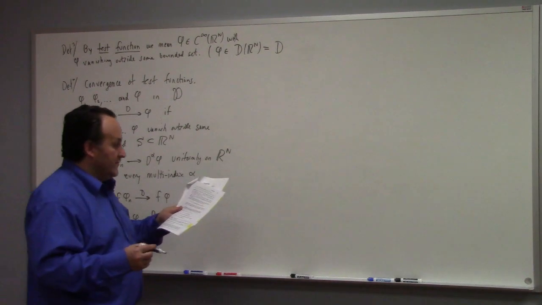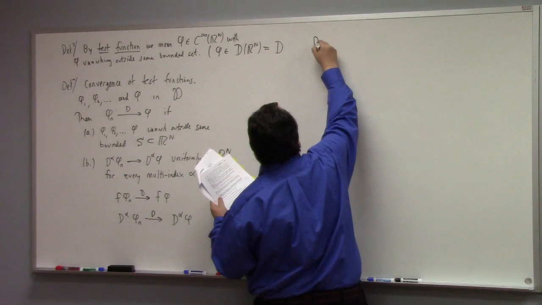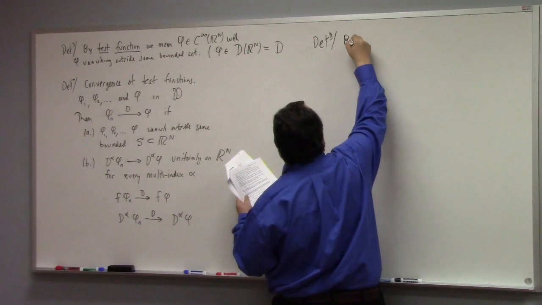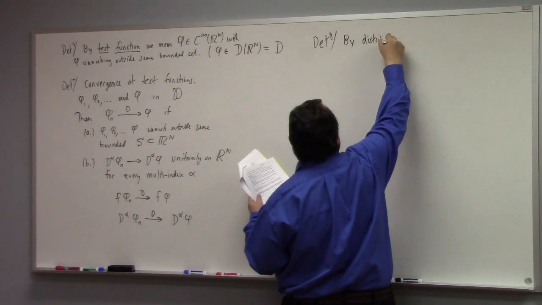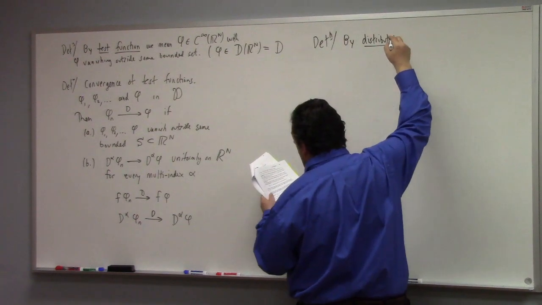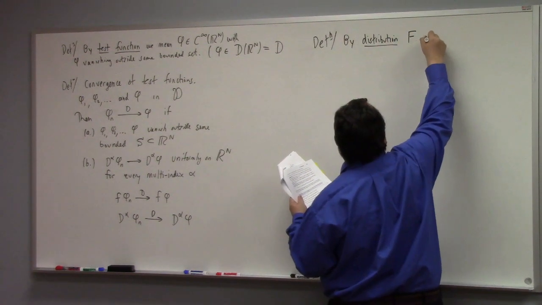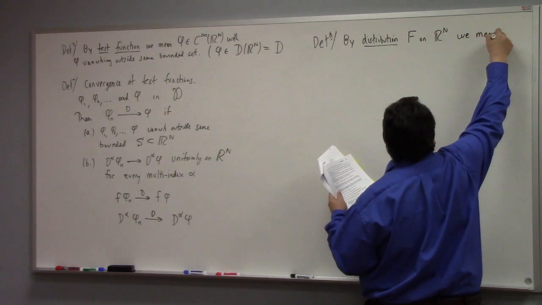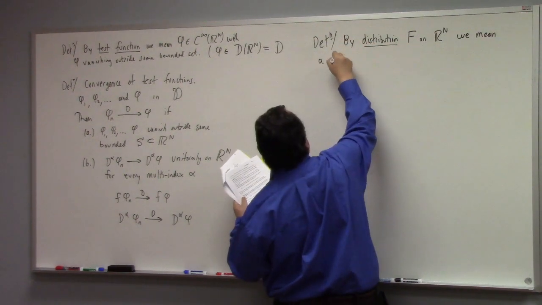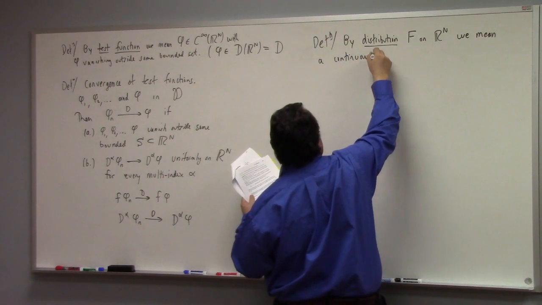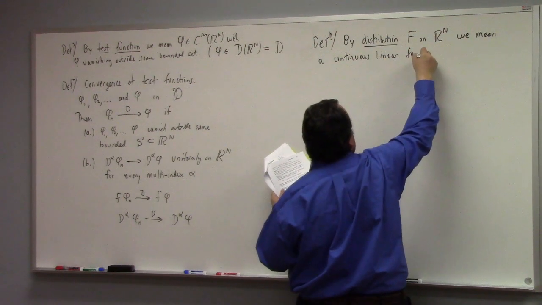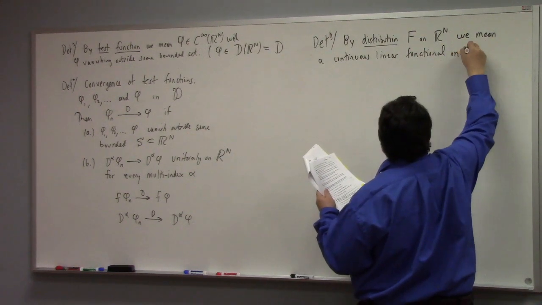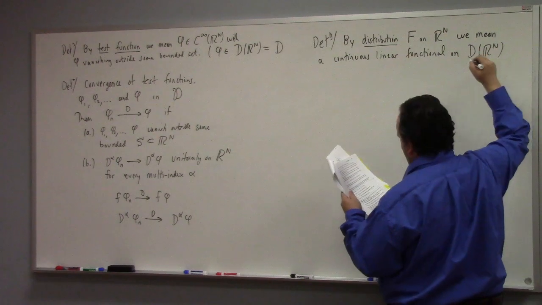That brings us to our definition of distribution. And this is really the heart of chapter 6 right here. By distribution F on Rn, we mean a continuous linear functional on the test functions of Rn, all right?